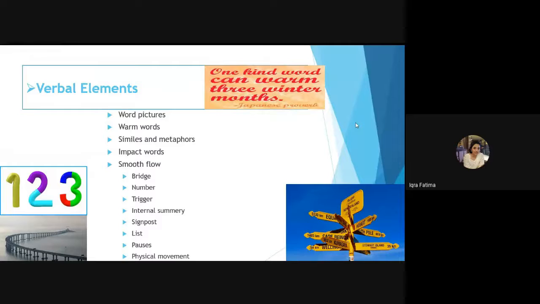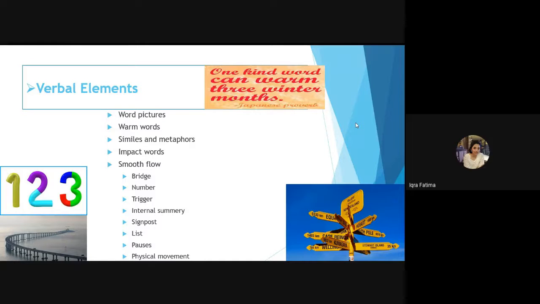Now the next one is physical movement. Have you seen that when I finished talking about pause, I took a pause as well, and then I moved to physical movement? This is how, when you are moving from one point to another, you can take a pause. So what about physical movement? Physical movement is when you move towards your whiteboard or your slide.